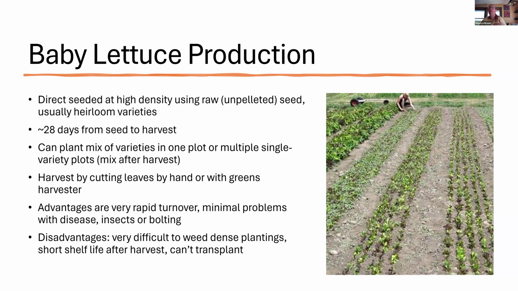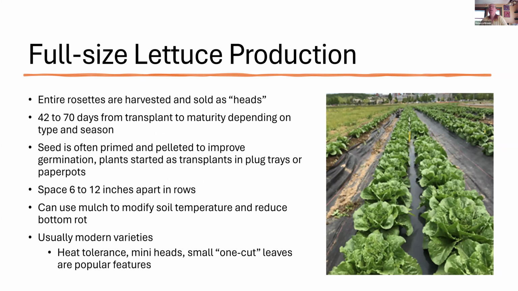You can try to use shade cloth or irrigation or some other method to cool your soil, but you don't have the option of simply moving to a better environment for germination. And this is why many growers prefer full-size lettuce production.